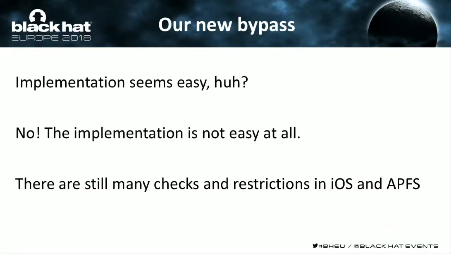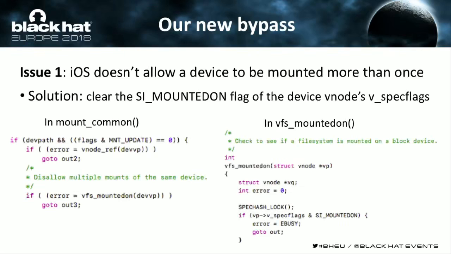So now we have a writable root partition, right? No, the implementation is not that easy. There are still more checks to bypass. Firstly, iOS does not allow a device to be mounted more than once.